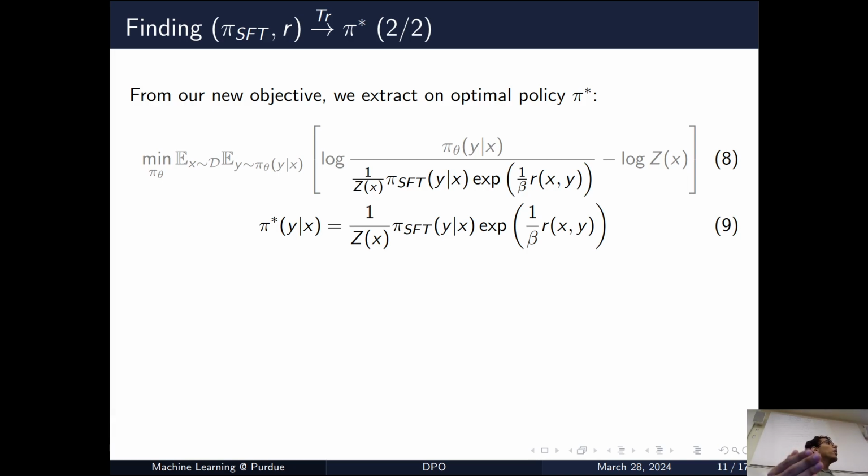Now we have a probability distribution that is a function of the SFT and reward. Now this is our new objective, the target language model that we want to obtain.